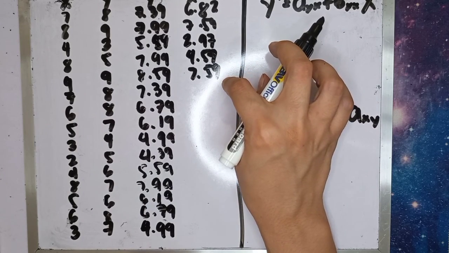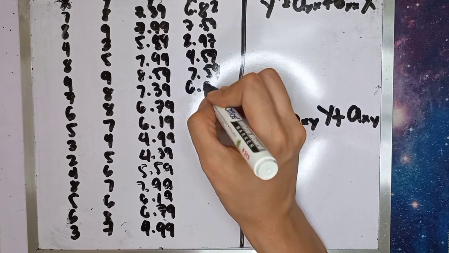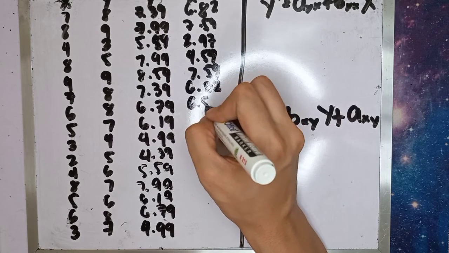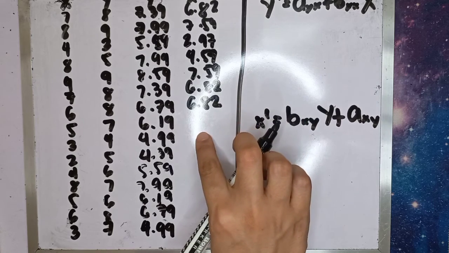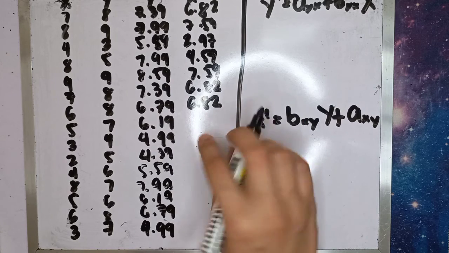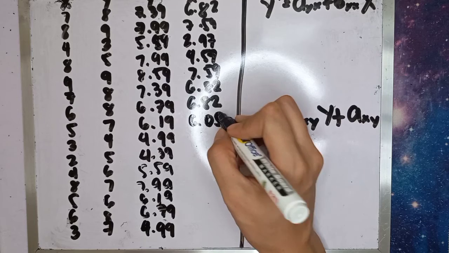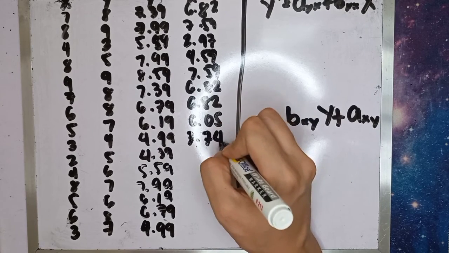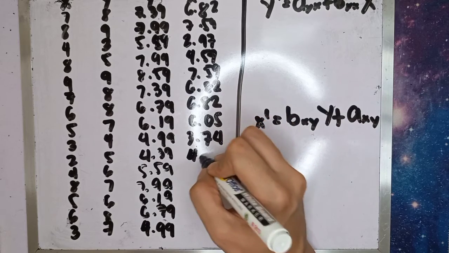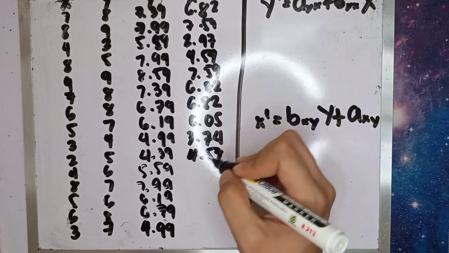Okay. 6.82. Okay. Pag 7 ang score, 6.05. Pag 4, 3.74. 4.57. Pag 5.